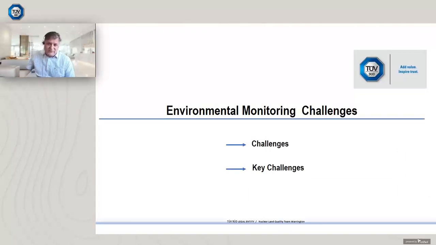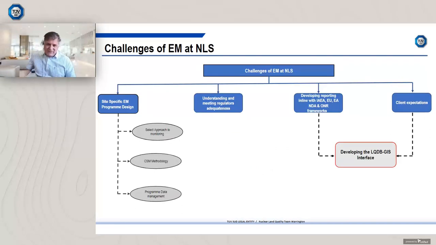They can be useful. Now, what challenges have I encountered in the last few years, specifically in the last few months? The key challenges are here, which is what are the challenges of EM at a nuclear license site?